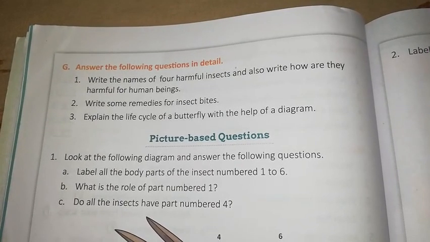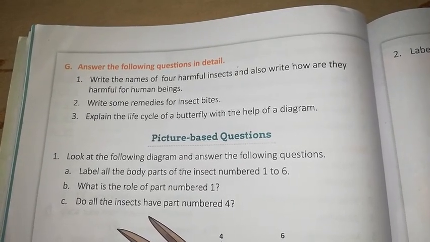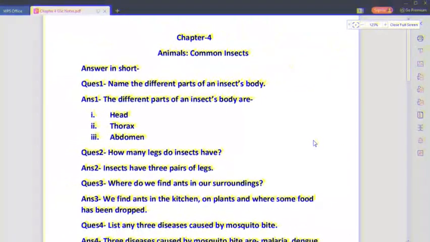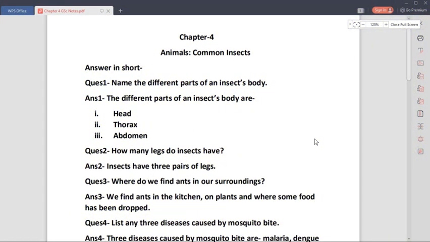Now I will read the questions and answers for you. Answer the following questions in short. First question, name the different parts of an insect's body. The different parts of an insect's body are head, thorax, abdomen.